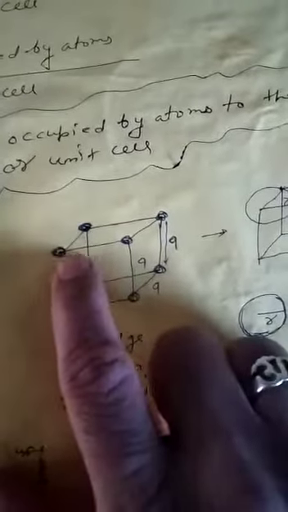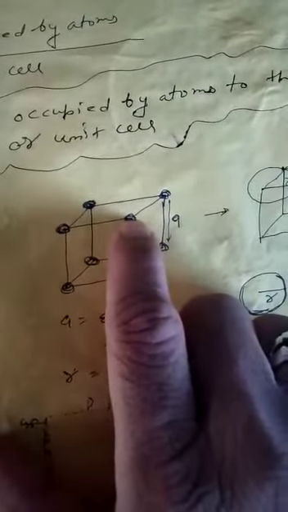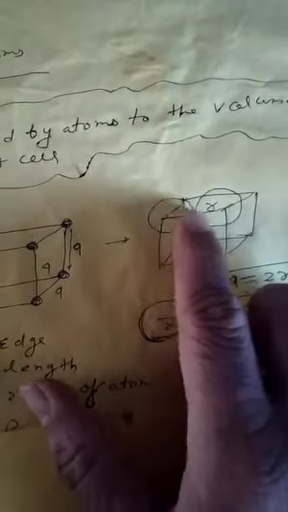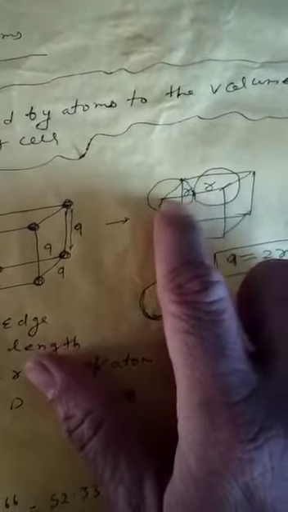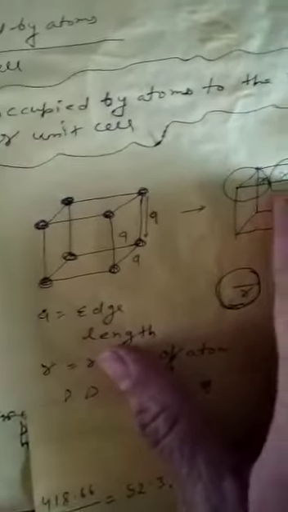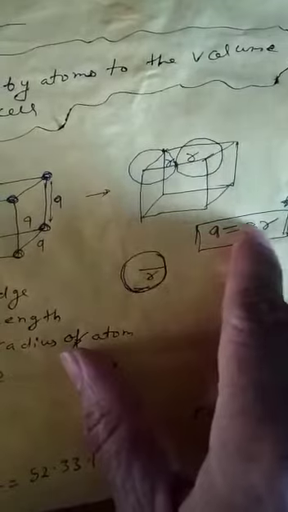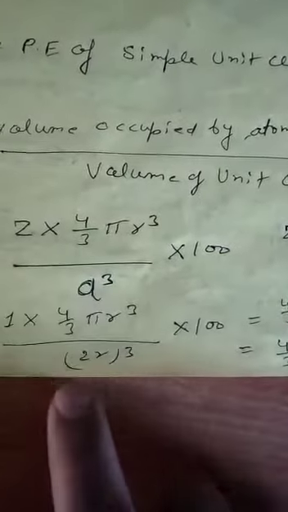I am taking these two particles here. The edge length is a, and these particles are touching each other, and this edge length includes the radius of the first and second particle both. So this edge length is equal to twice r. A is equal to 2r. You can see in the diagram, a is equal to 2r. So we will keep this value here: a is equal to 2r, so 2r cube.